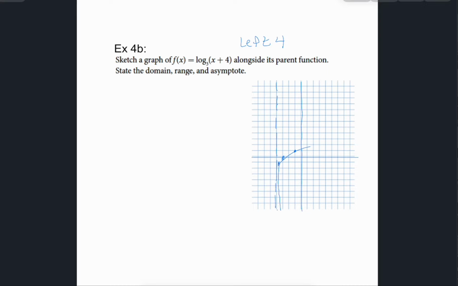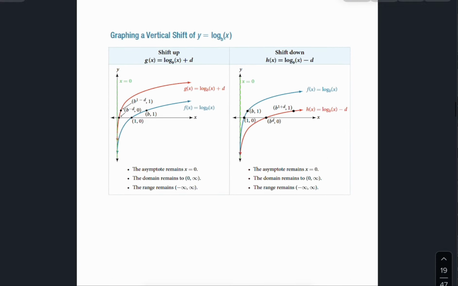The graph looks something like that. Okay, so let's just move on from that one. So remember, if we add something on the outside, it's going to lift it up. If we subtract on the outside, it's going to move it down.